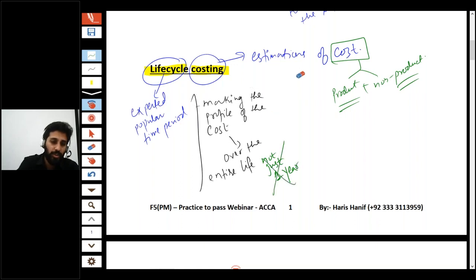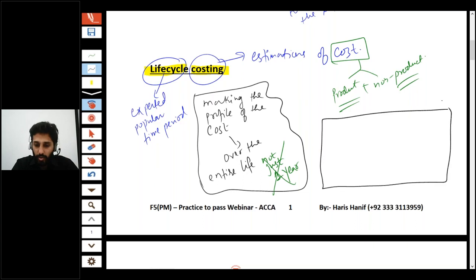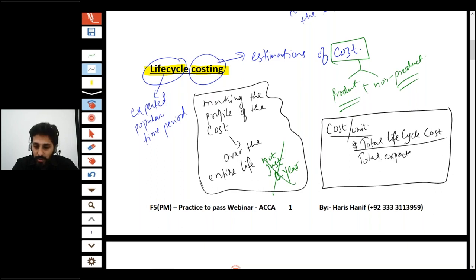This is the differentiating point between life cycle costing and traditional costing: you should make the cost profile over the entire life, not just year one, which is traditional costing. And here you can calculate cost per unit, like total life cost divided by total expected life units.